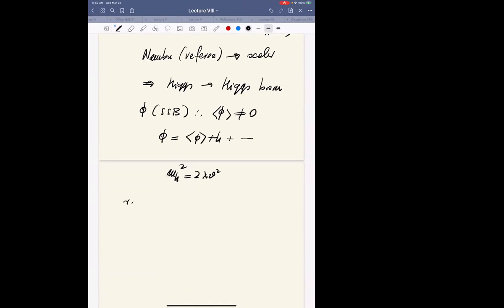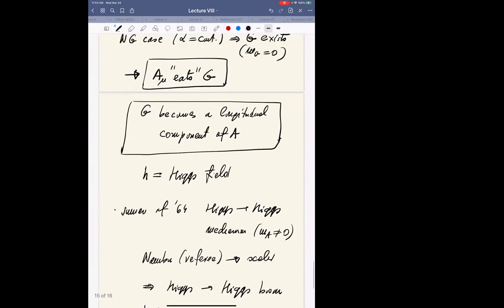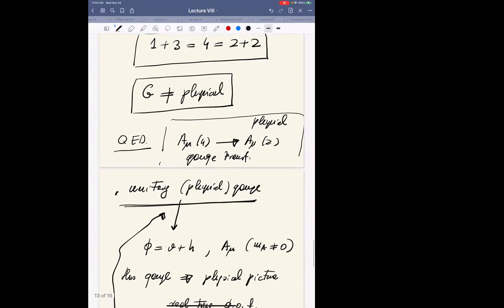But remember, Goldstone noticed this. Goldstone had H, because the existence of the Higgs field does not depend on whether you have a global or local symmetry. It's in the potential.